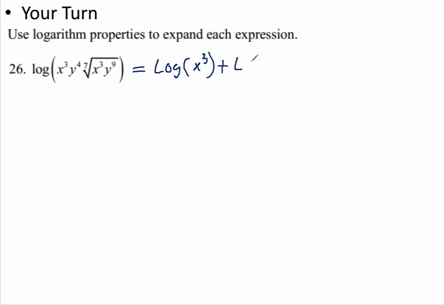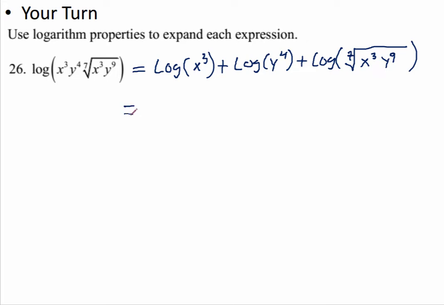So notice I'm breaking up the product into 3 individual pieces at the moment, and then we will deal with that 7th root beast over there in just a minute. Okay, cool. So I broke up the initial products there, did the easy parts, okay?